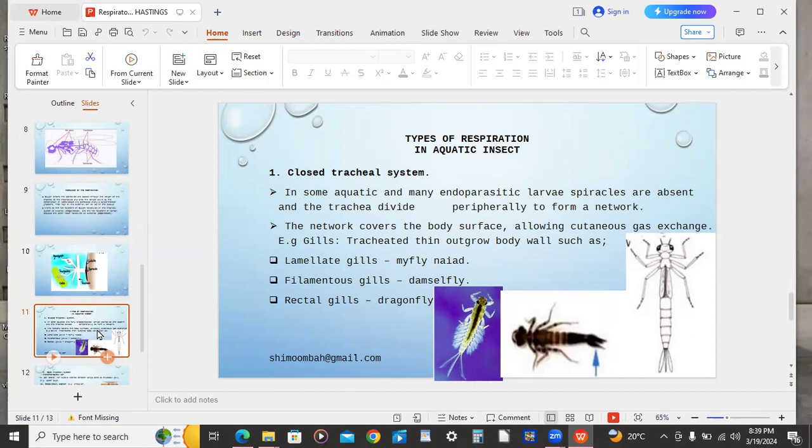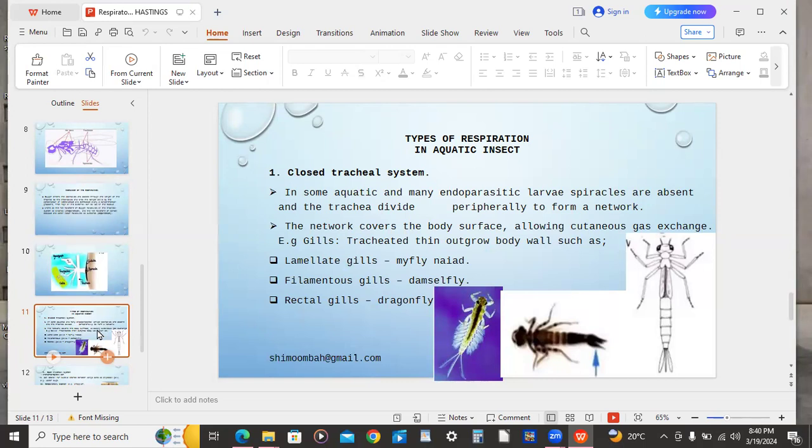The closed tracheal system is also known as cutaneous gas exchange, because the gas exchange occurs just on the thin skin of an insect. Whereas in the open tracheal system, the gaseous exchange is directly with the atmosphere and via a gas store, which they carry underwater. Those are the two differences.